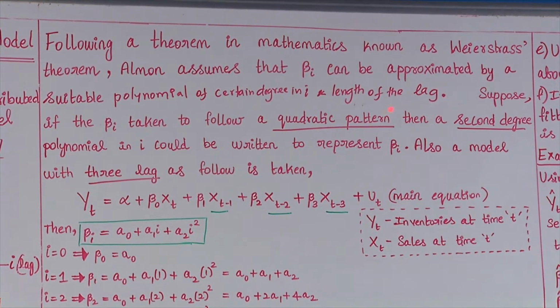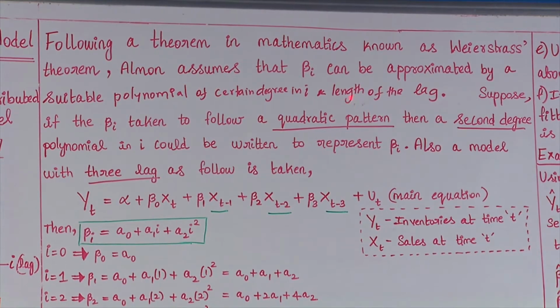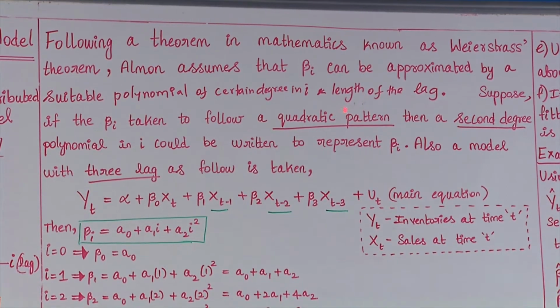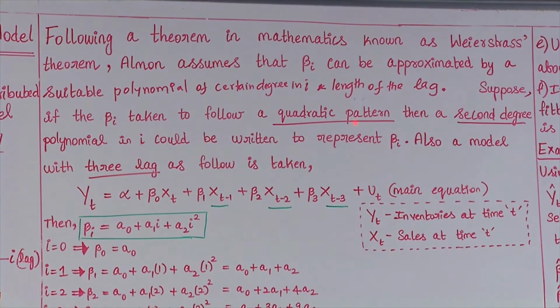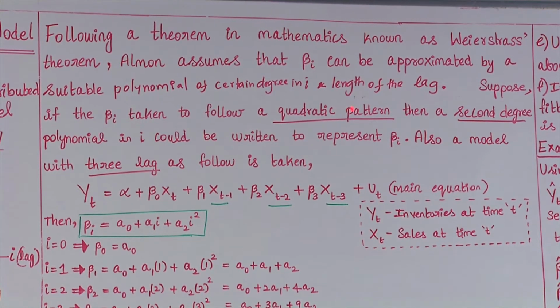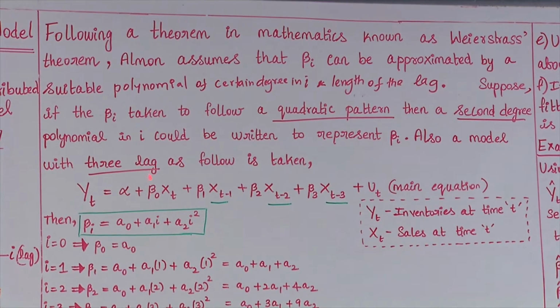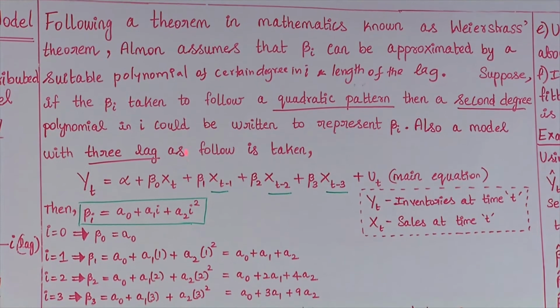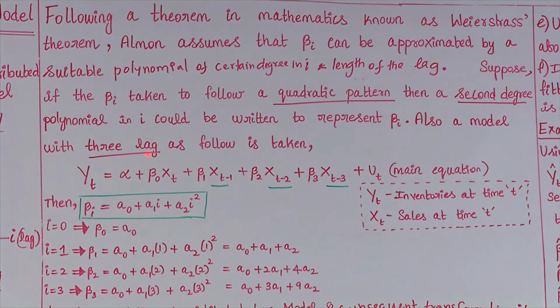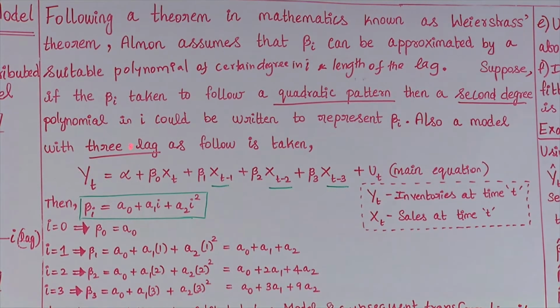To explain the approach, I have taken a quadratic pattern, or a second degree polynomial in i, a variable, and I have assumed the effect length is 3.